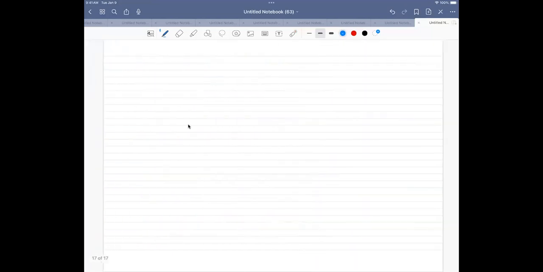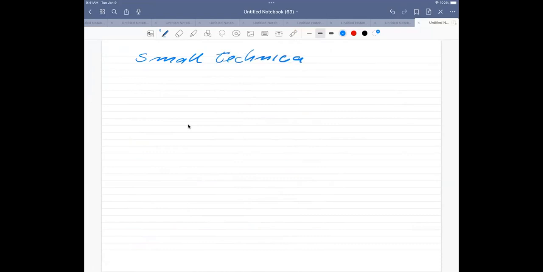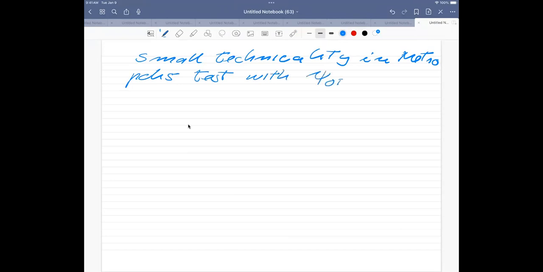So small technicality. In Metropolis, you will see now why we move one particle at a time, with the one body part only, psi OB only.